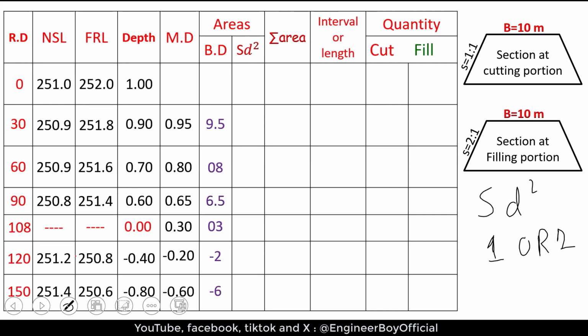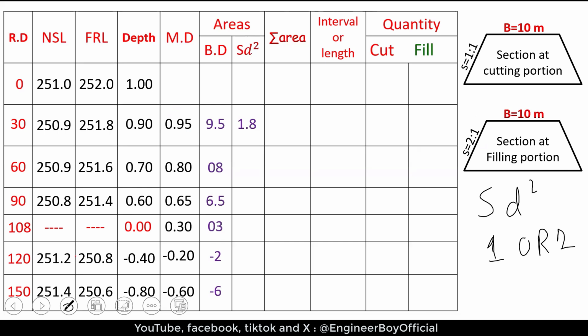Clear? Okay, so for station 30, SD square, by S we will just put the side slope of the section which is in filling. And we will multiply that with the mean depth, and we will have the square. So simple, and that's gonna be 1.8.